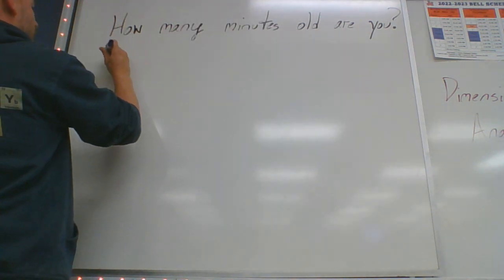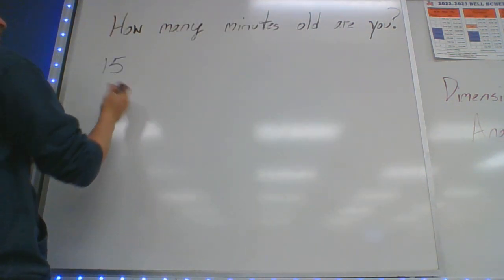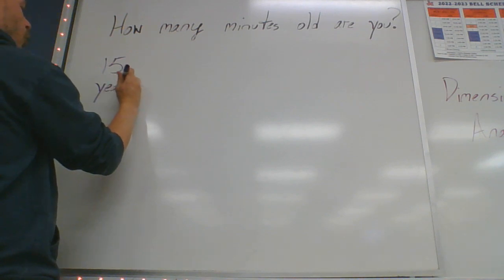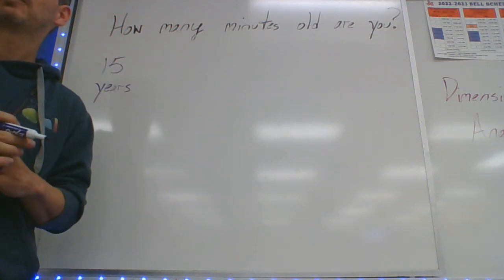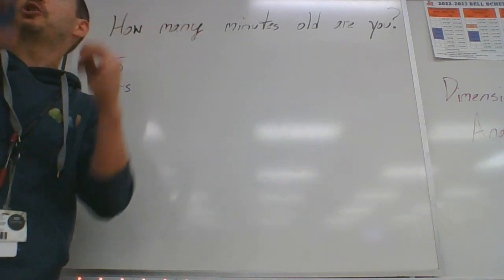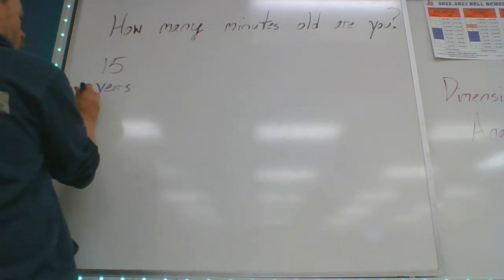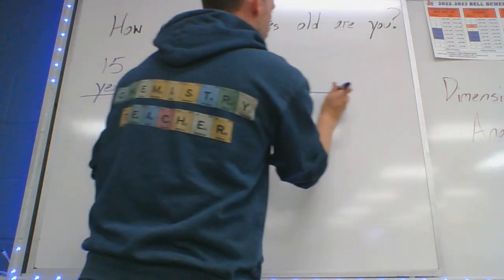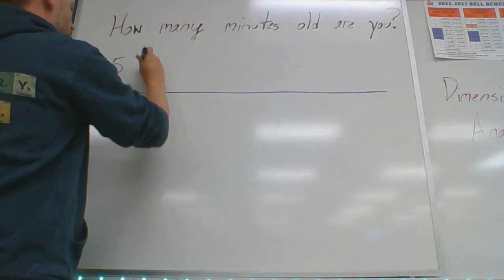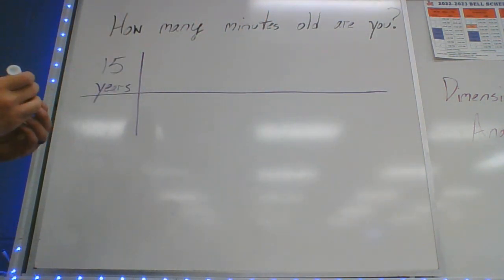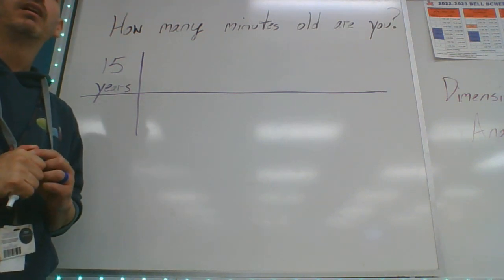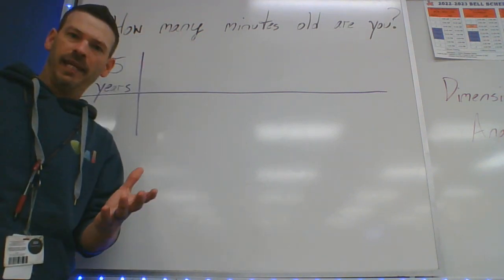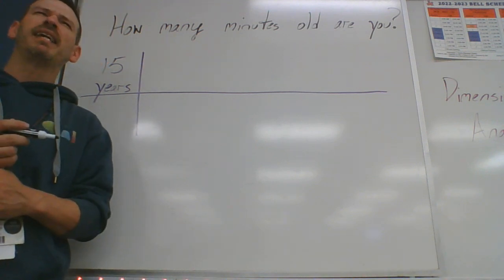So let's say that you're going to turn 15 years old in about 5 minutes, which is hopefully about as long as this will take me to explain. Here, I want you to draw what I draw. Watch this. I'm going to draw a long line like that, and I'm going to draw off a first section like that. And what I start thinking about is, what can I break years into?